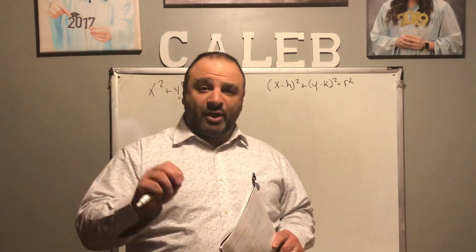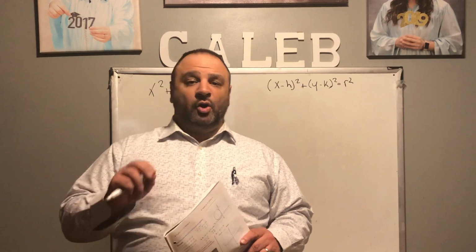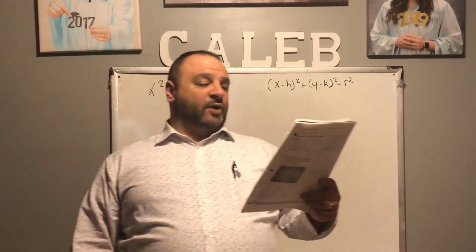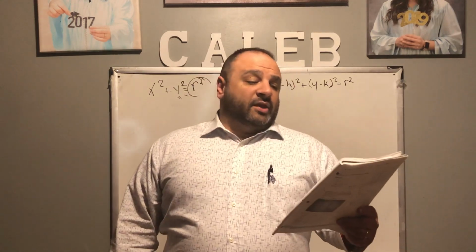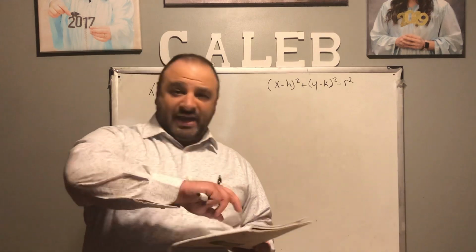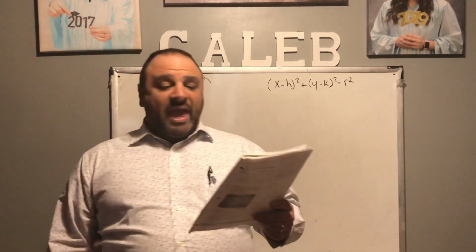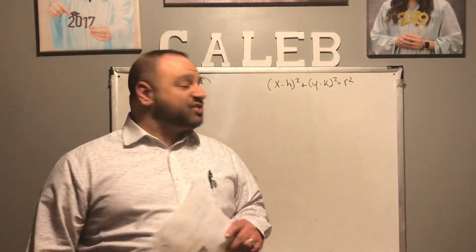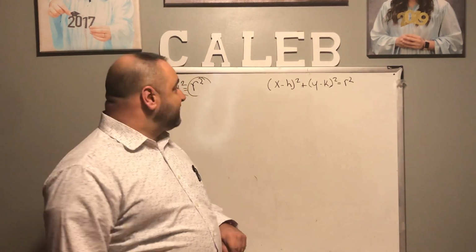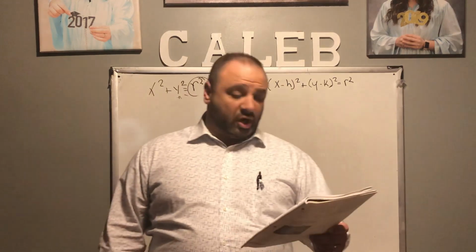So h and k are going to represent the two numbers located on our graph that are not the origin. Let's look at theorem 113. The equation of a circle whose center is h, k, so again, any two numbers on the coordinate plane, and whose radius is r, is x minus h squared plus y minus k squared equals r squared.